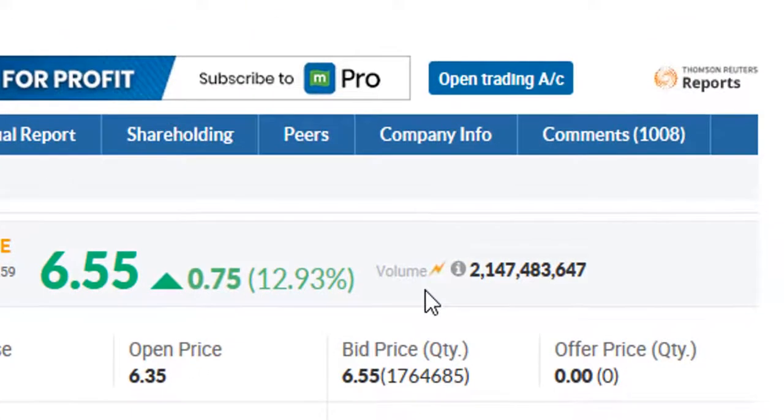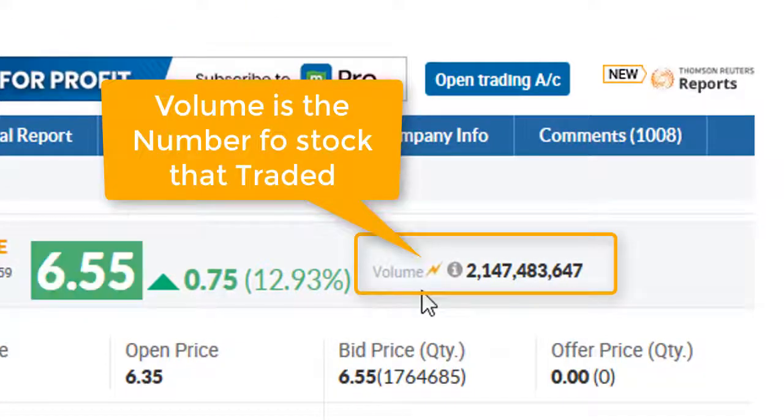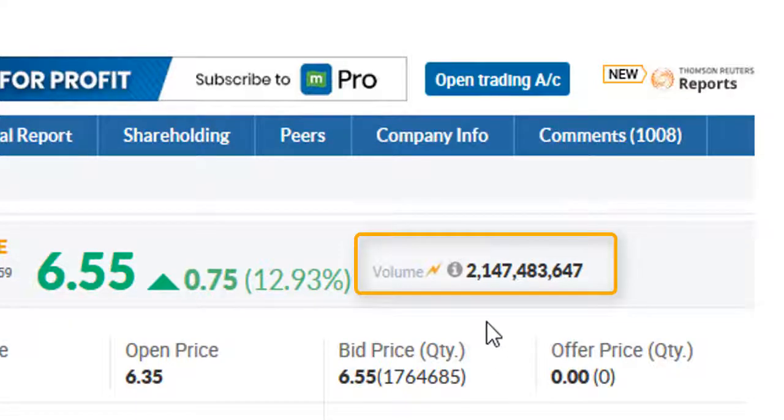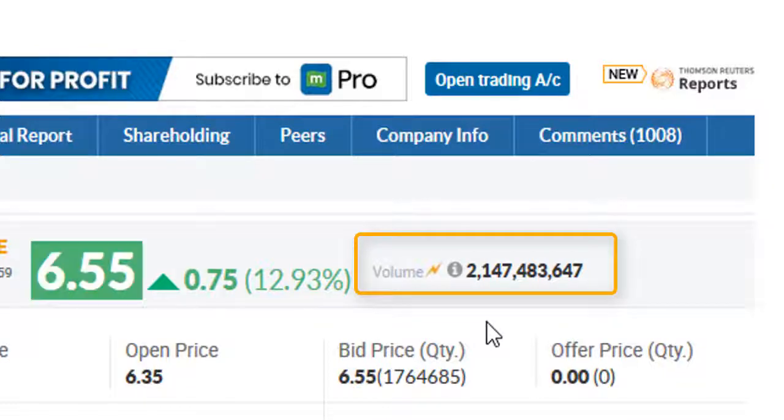Next is volume. Volume is the number of stocks bought and sold, or traded, between buyers and sellers in a particular time period. If you break it down here, you can see the last 30-day average volume is really high. Today the stock was traded really heavily because most people were trading it; it was a hot stock today.